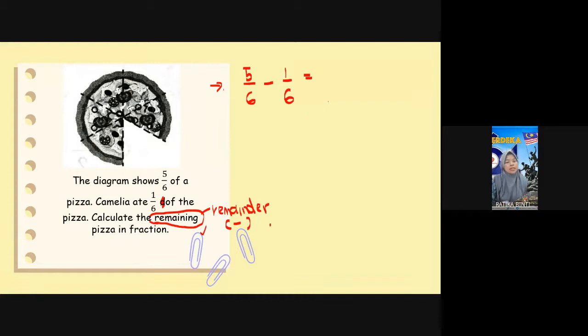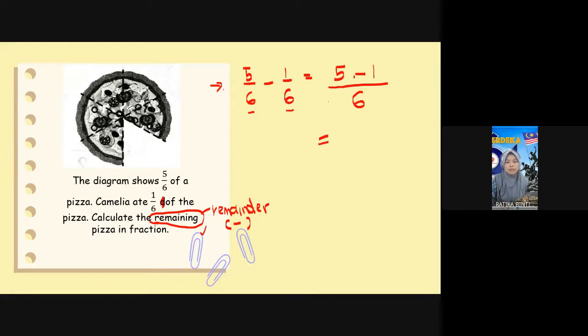Okay, now in calculating fraction, first thing that you need to make sure is the denominator is the same. Dekat sini denominatornya berapa? 6. Here also 6 kan? Dah sama kan? If the denominator is the same, boleh samakan saja denominator tu and you just subtract the numerator.